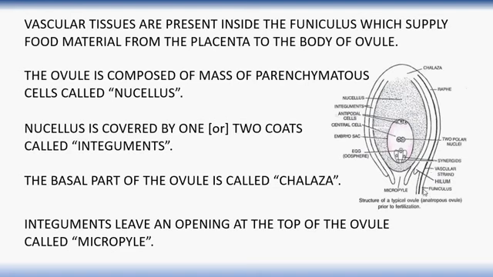So now the funicle, this region consists of vascular tissue, nothing but xylem and phloem, which are helpful for supplying the food and water to the ovule from the placenta.